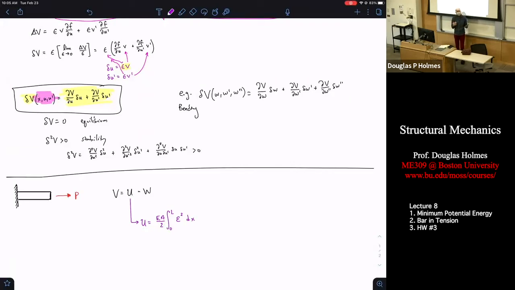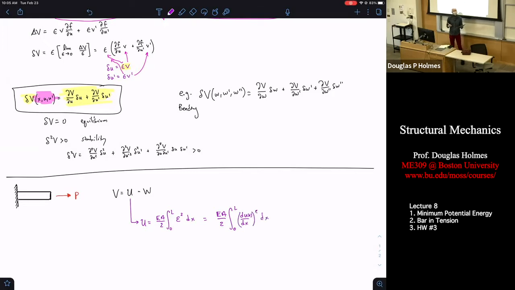The strain in this problem is the derivative of our displacement with respect to x. How does the displacement change along the length of the beam? That's strain, du dx. So this thing takes on the form du dx squared dx.